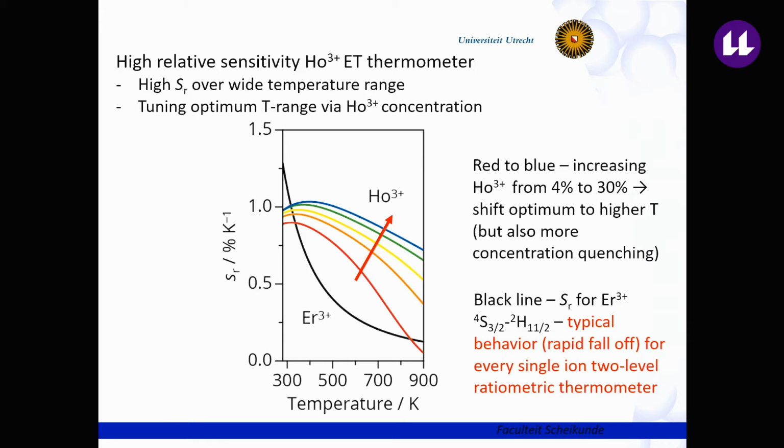And of course, where it falls off, that depends on the energy gap. For a smaller gap, it's focused more here at lower temperature. For a higher energy gap, it's more here. But you always have this very narrow window of temperature where you have a high relative sensitivity. With energy transfer thermometers, you can have a more extended temperature range. So that's nice.